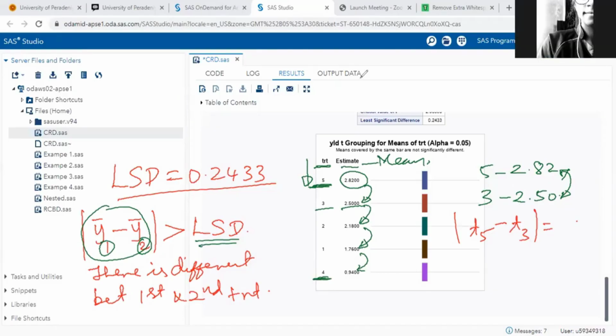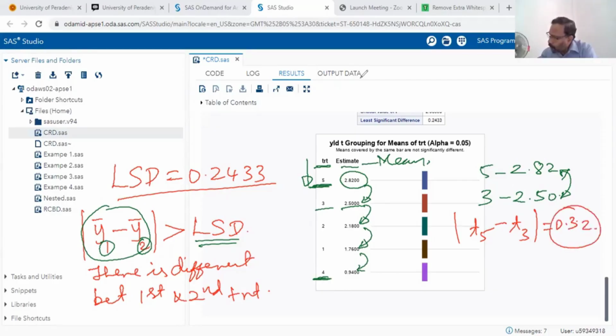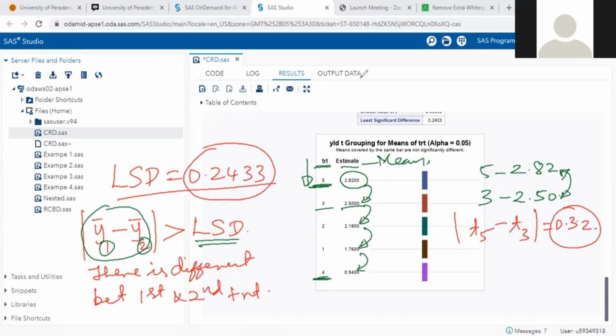0.32. This 0.32, is it higher than the LSD or lower than the LSD? Higher than the LSD. So is there a difference between these two treatments, the fifth one and the third one?